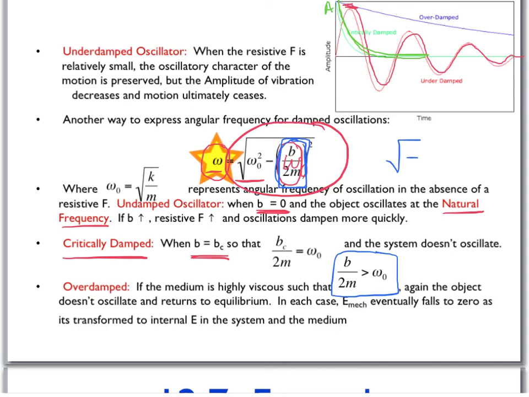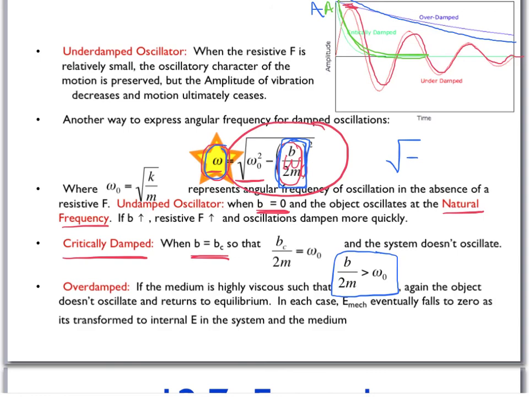So again, omega does not exist. There is not going to be any oscillation in this type of motion. Instead, the object is pulled out to some amplitude A and very, very slowly returns to its equilibrium position.